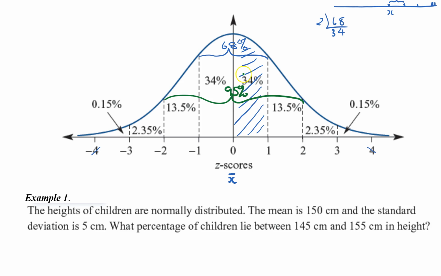So how much more was added on to get to 95 from the previous 68? So take that away and we will then have both this region and this region added together here in order to get up to 95.